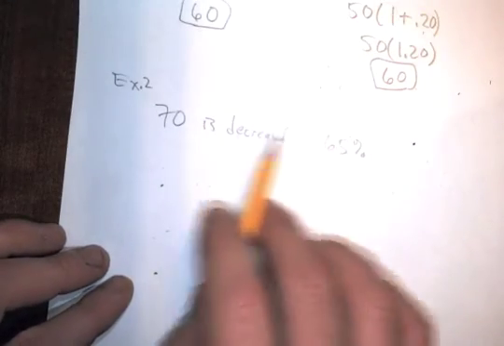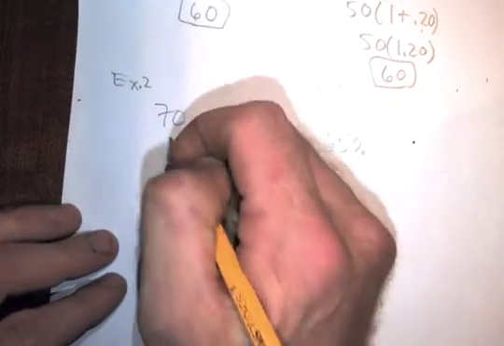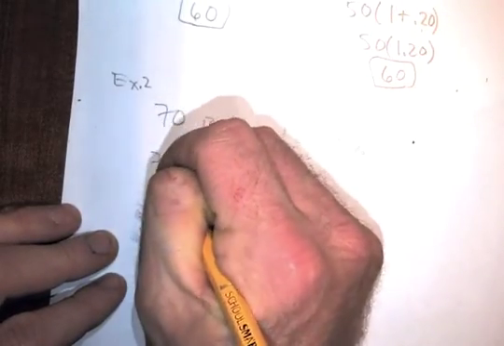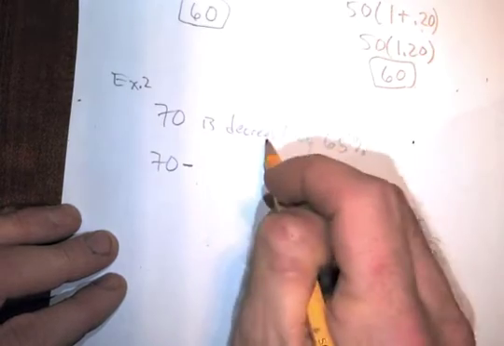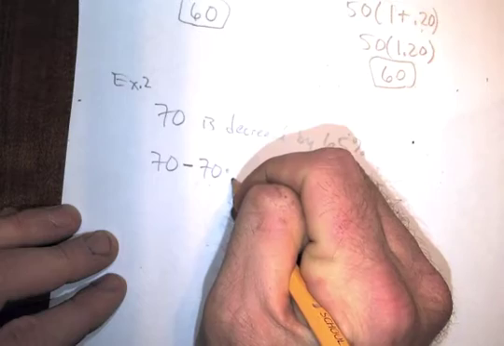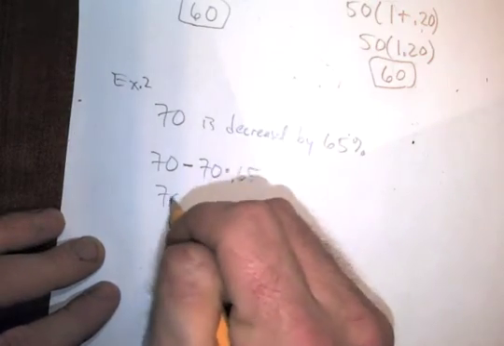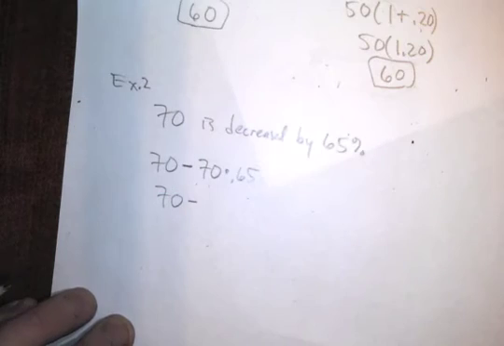Okay, if you did the visual, you kind of have an idea of what this is saying. It helps you understand. So we're going to do 70 to start with, but we're going to take off. We're decreasing by 65%. So 65% would be times by 0.65. Okay, so 70 minus. Okay, here's where you can pull out your calculator and do 70 times 0.65.